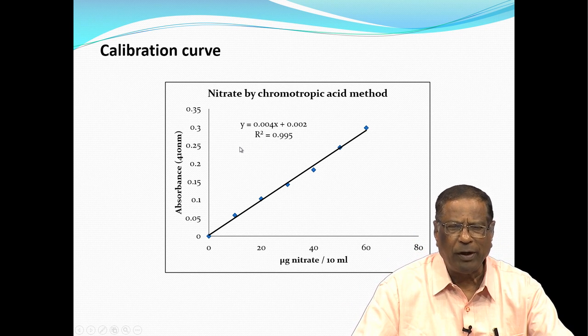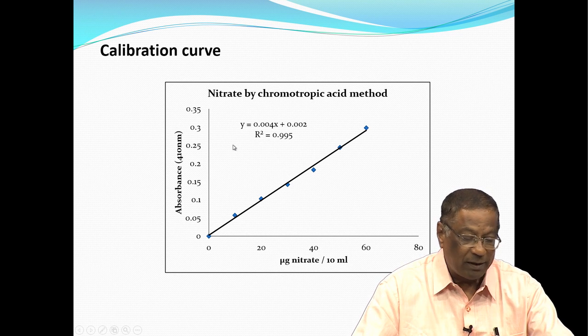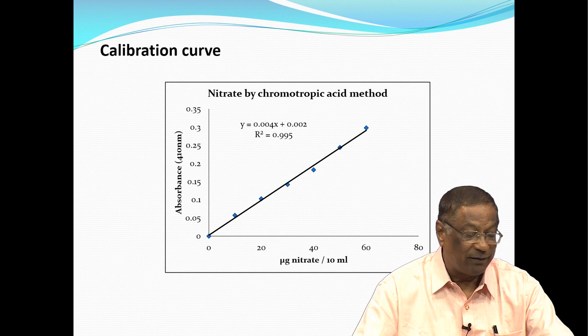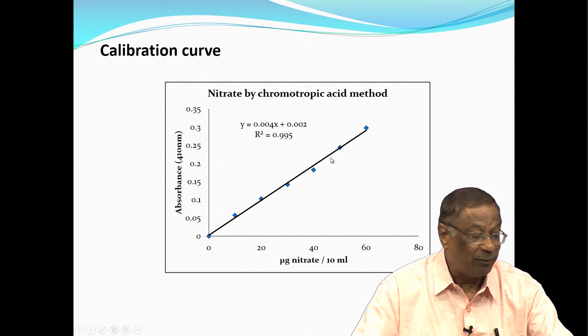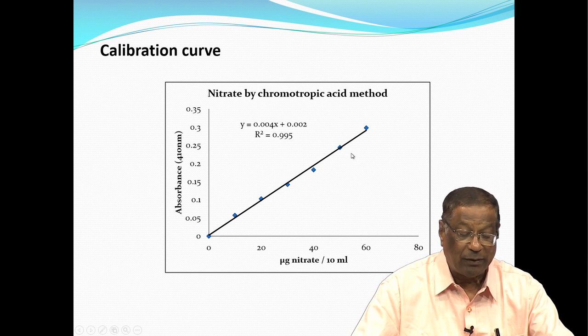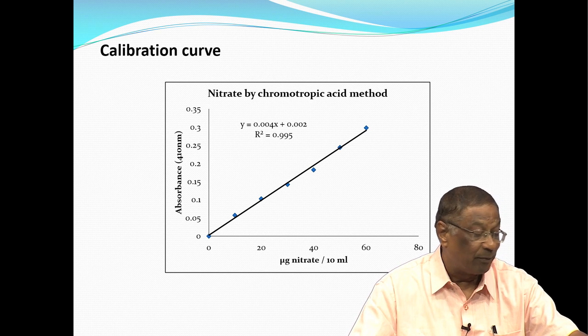We normally say 0.997 to 0.999 is a very good curve, but it is acceptable as far as we are concerned within plus or minus 2-3 micrograms error. I think this should be quite eminently suitable for the determination of nitrate by the chromotropic acid method.